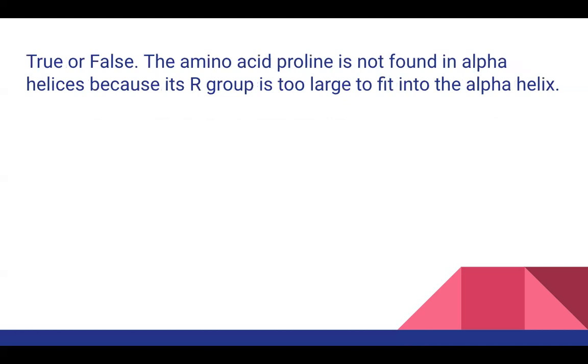True or false? The amino acid proline is not found in alpha helices because its R group is too large to fit into the alpha helix. What do you think?